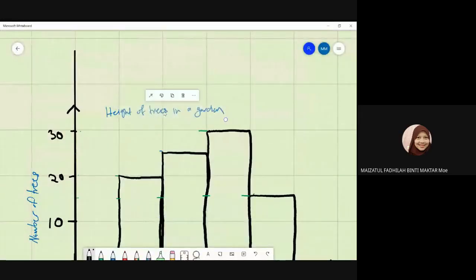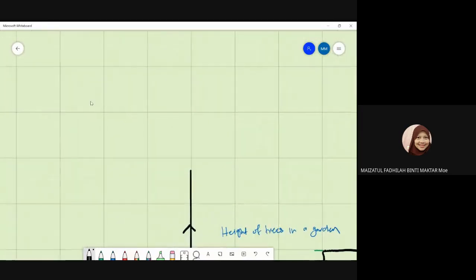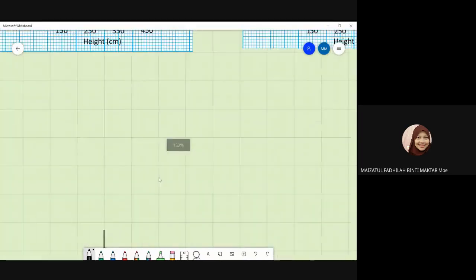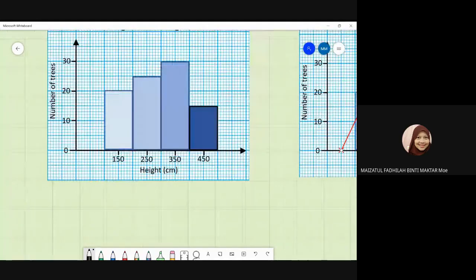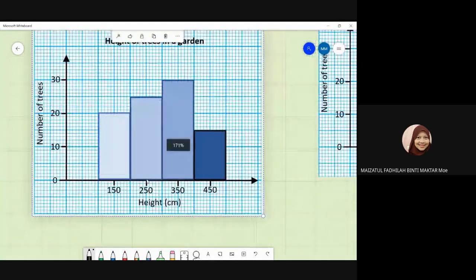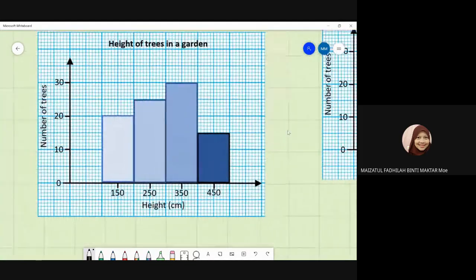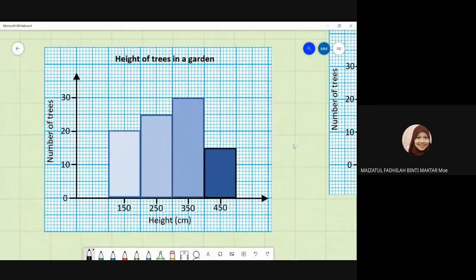I show you a graph like this one. So you get this, the graph of the histogram.